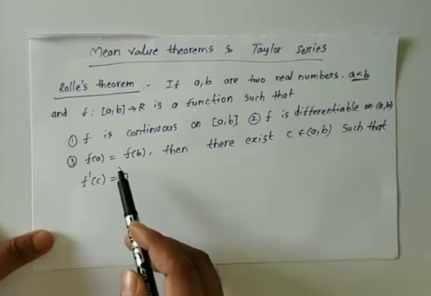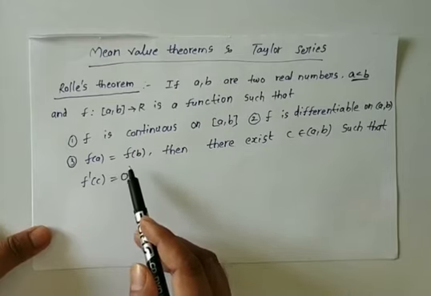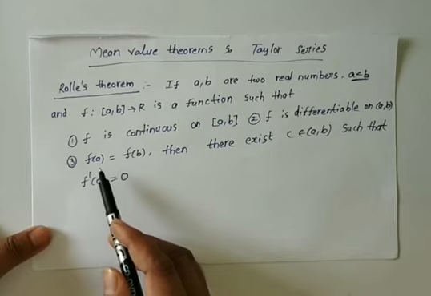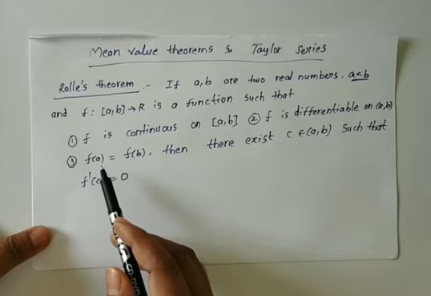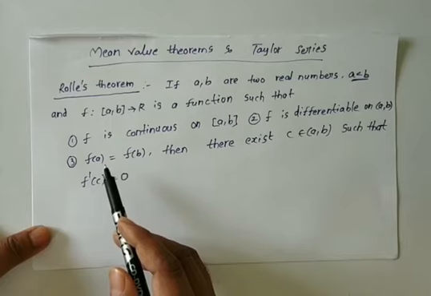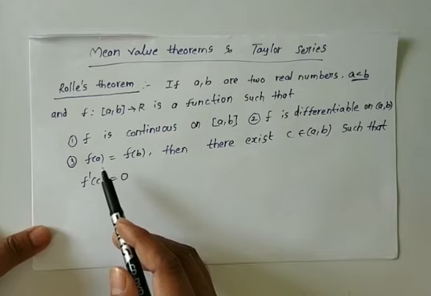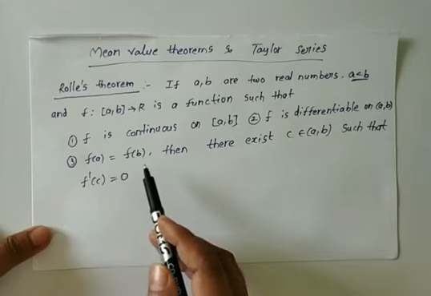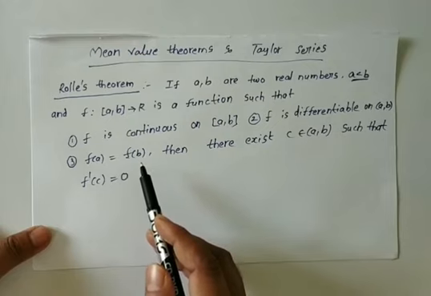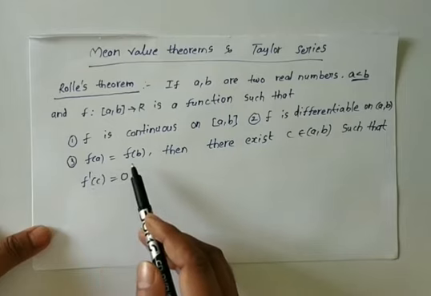Third condition: f of a should be equal to f of b. f of a is nothing but the value of f at x is equal to a, and f of b is nothing but the value of f at x is equal to b. So here f of a should be equal to f of b.